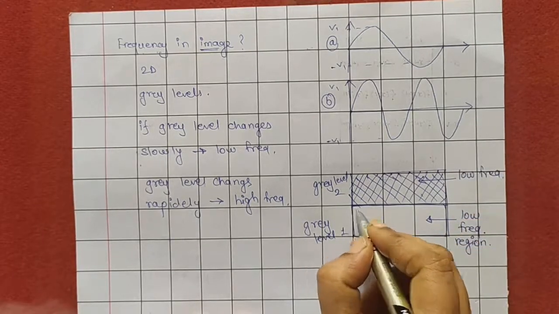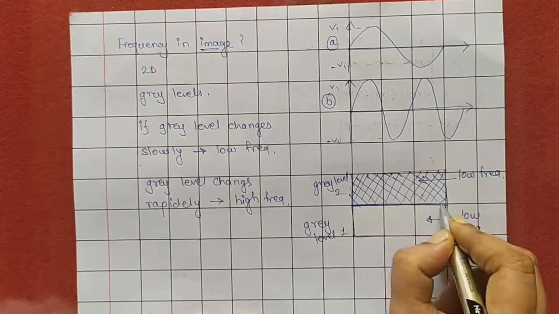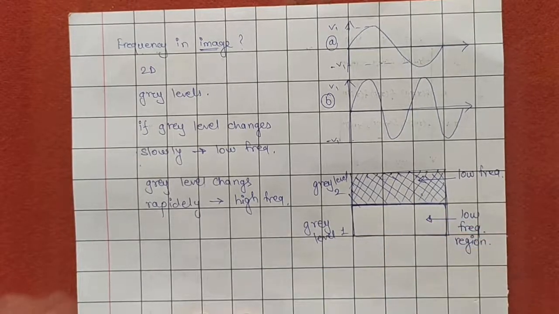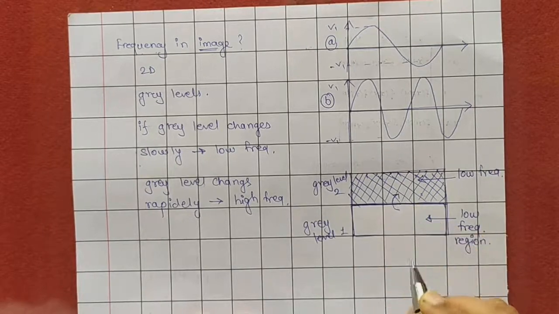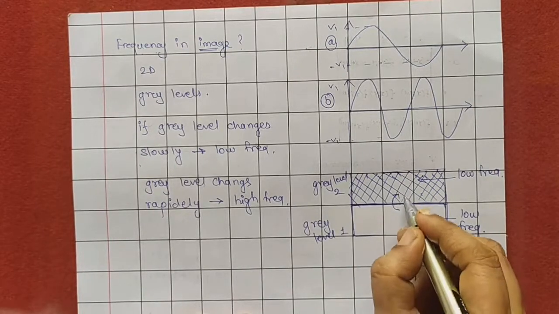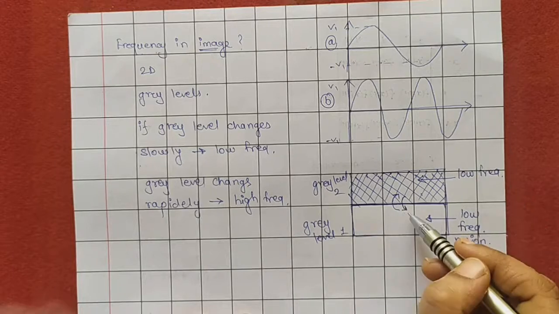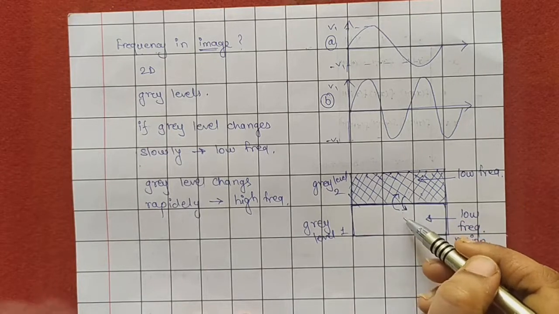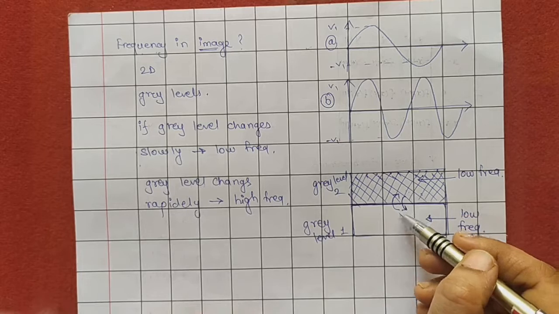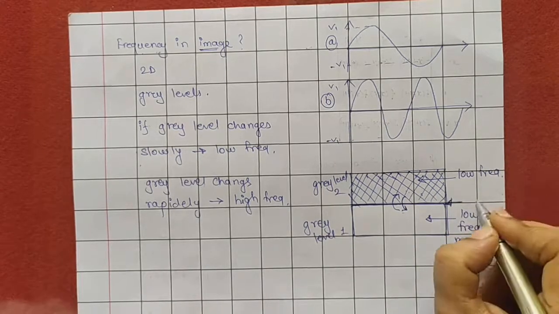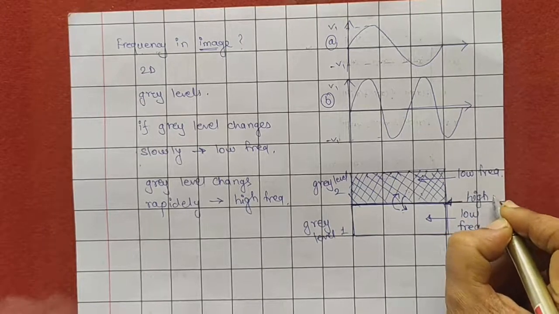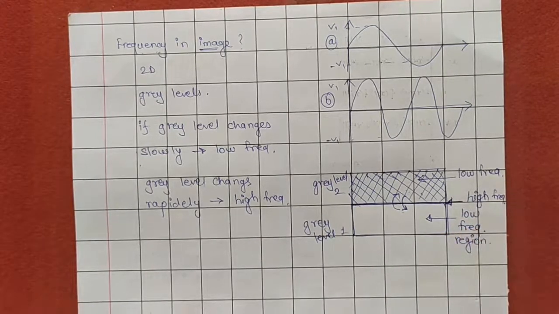But when we move to the border area, from this gray level into this gray level, there is a rapid change in the gray level. So this border area has high frequency in the image.